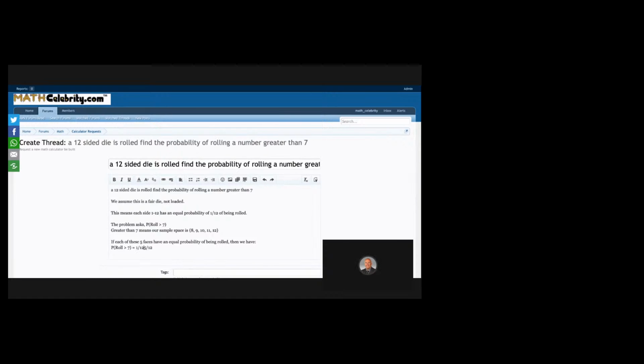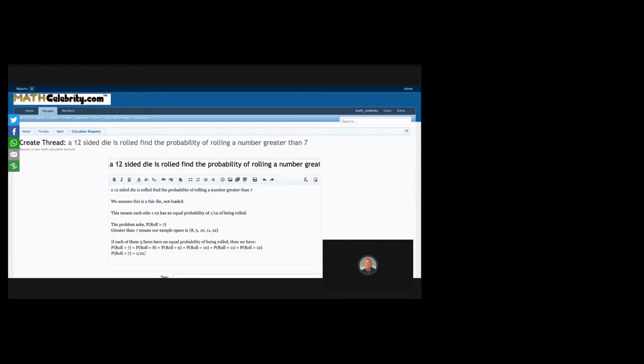So let's list this out. Let's do probability roll equal to 8 plus 9, 10, 11, 12. I'm doing this the long way to show you the math, but the quick way I just told you about, 1/12 times the number of faces, is the faster way to do this. But I want to write this out so you understand the mechanics behind dice probability, or some people call it a cube.